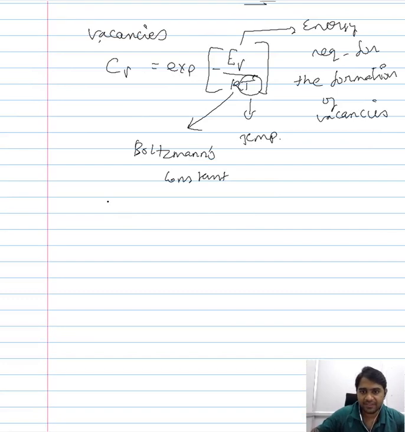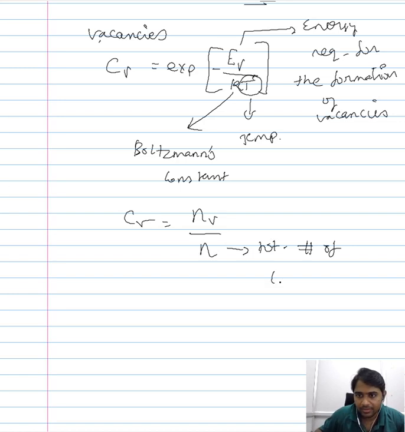So this CV here is the number of vacancies divided by the total number of lattice sites that are present. So N is the total number of lattice sites that are present, and NV is the number of vacancies.